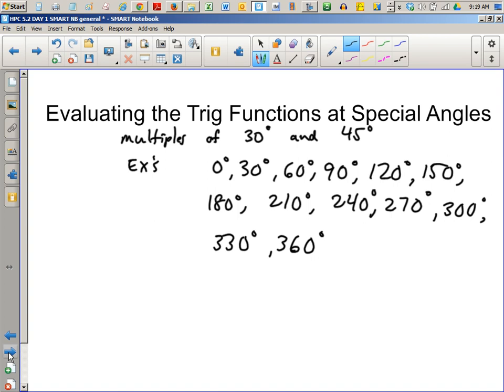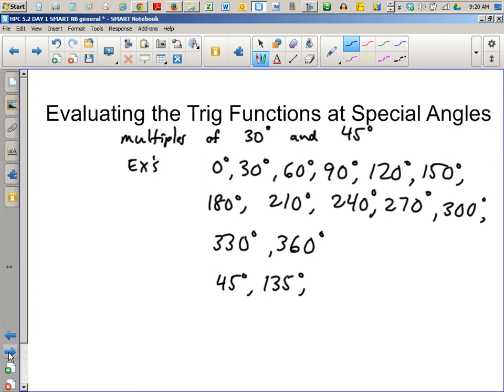Okay, what are some others? Multiples of 45. 45 degrees. 90, but we kind of already listed that. 135, that's 45 times 3. Then we have 45 times 4, but that's 180.